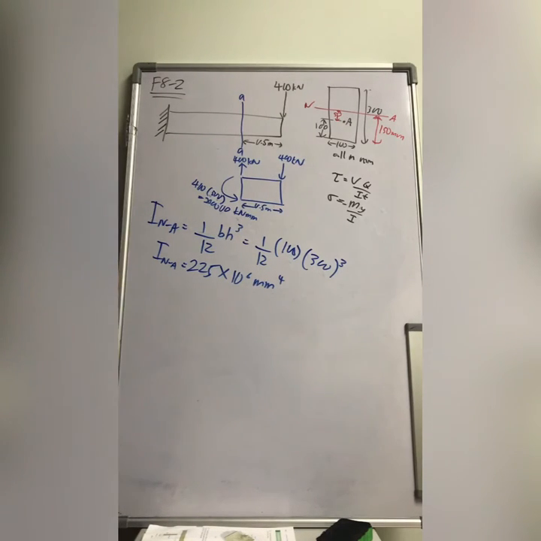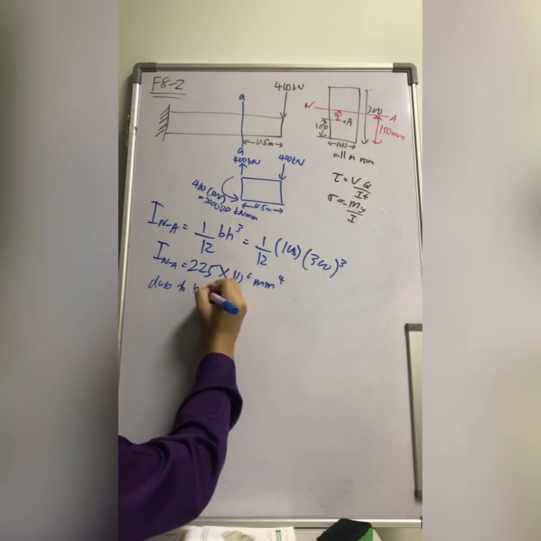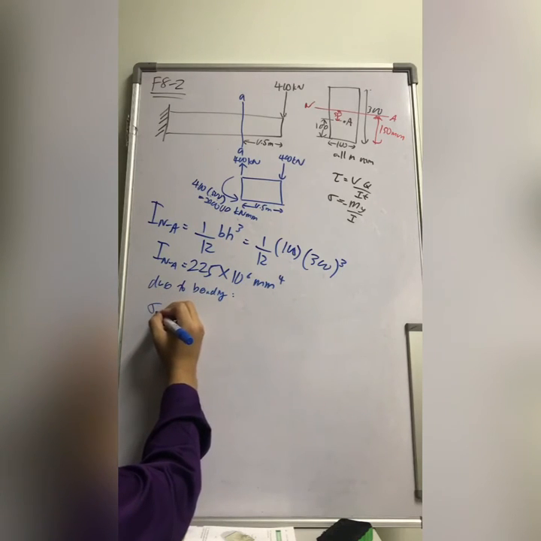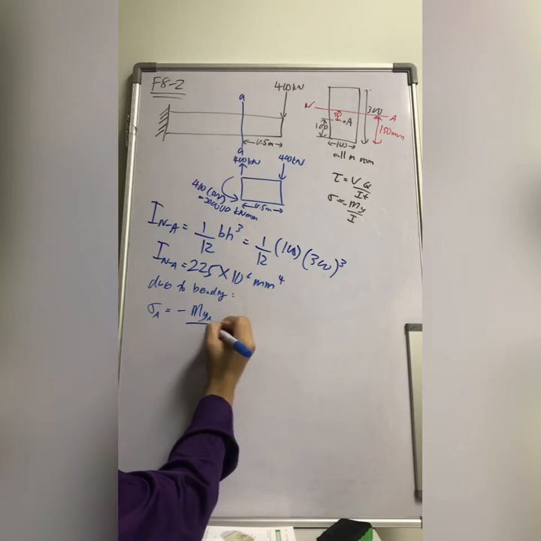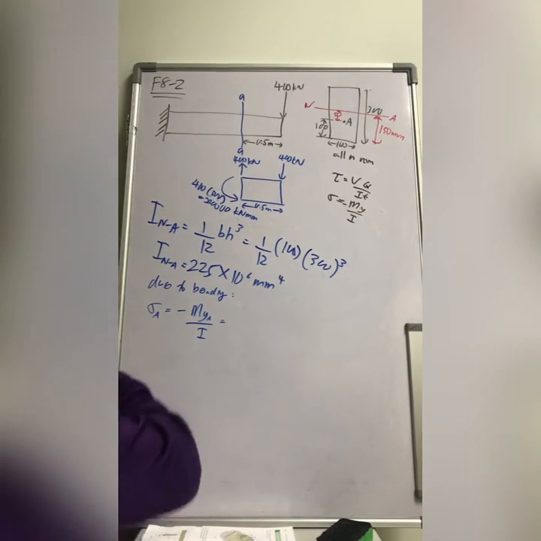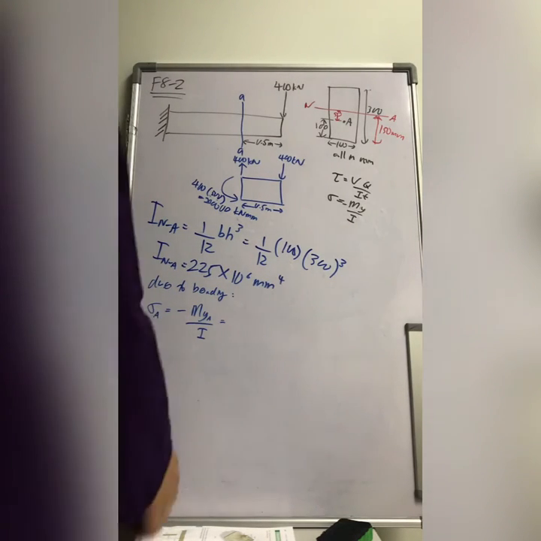Now we find the stress due to bending. Due to bending, sigma of point A equals minus M y of point A over I. While using this equation, you need to understand what you are doing.